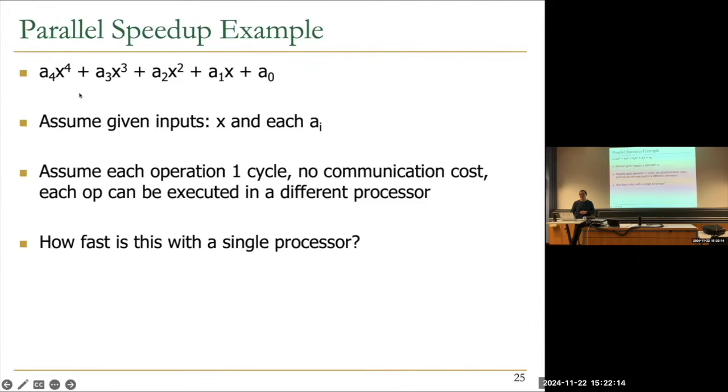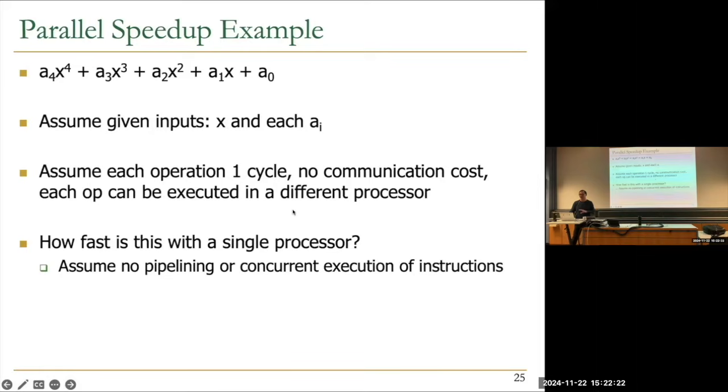How fast is this polynomial evaluation with a single processor? You assume no pipelining or concurrent execution of instructions, just 1 instruction in the processor, 1 cycle in each processor. And there's no distinction between instructions. Addition is the same 1 cycle. Multiplication is also 1 cycle. Okay. And then the other question is, how fast is this with 3 processors?